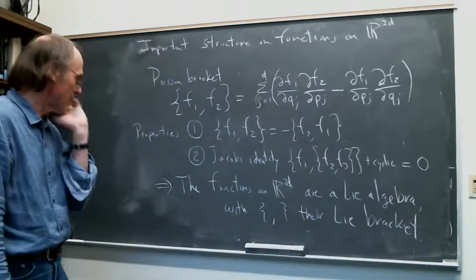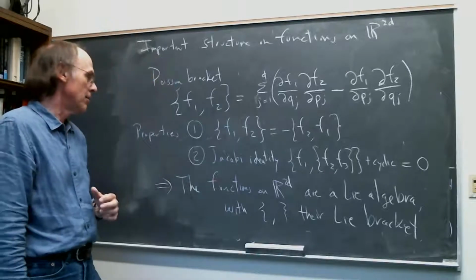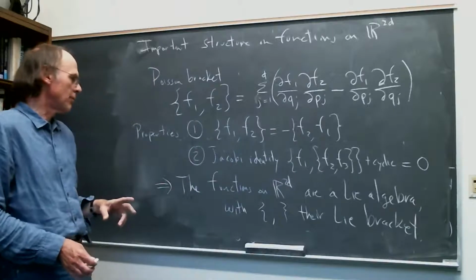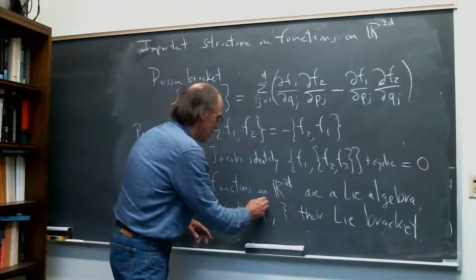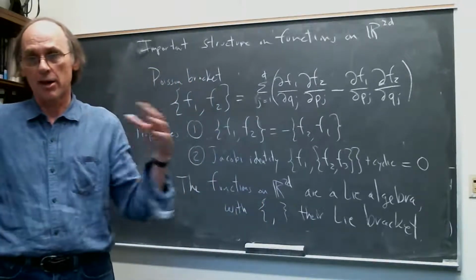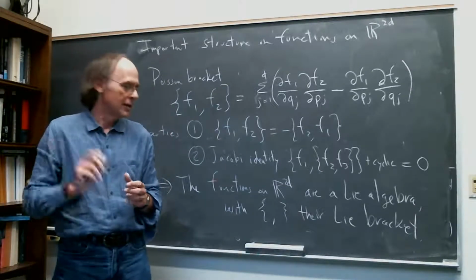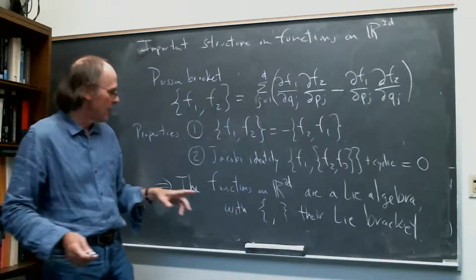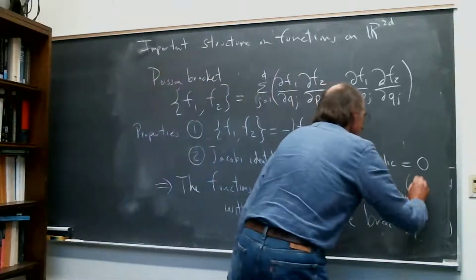Okay, so this is something which you're not normally told in a classical mechanics class, but this is true. The problem with the algebra point of view here is that all the Lie algebras you've seen so far are finite dimensional vector spaces. They're what we call finite dimensional Lie algebras. Here the problem is that this is infinite dimensional.